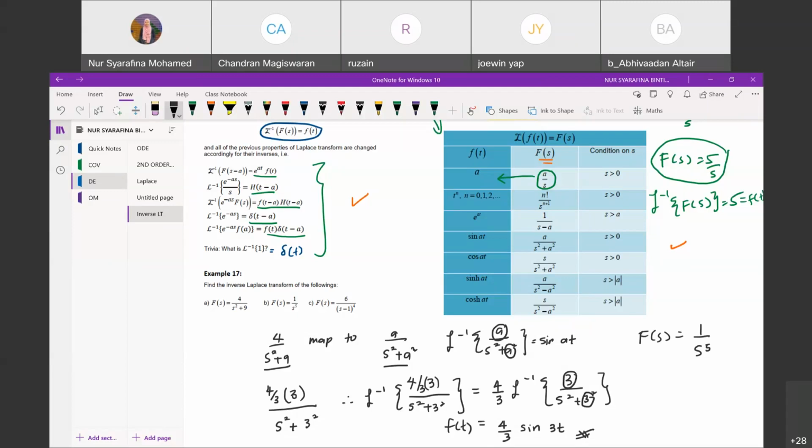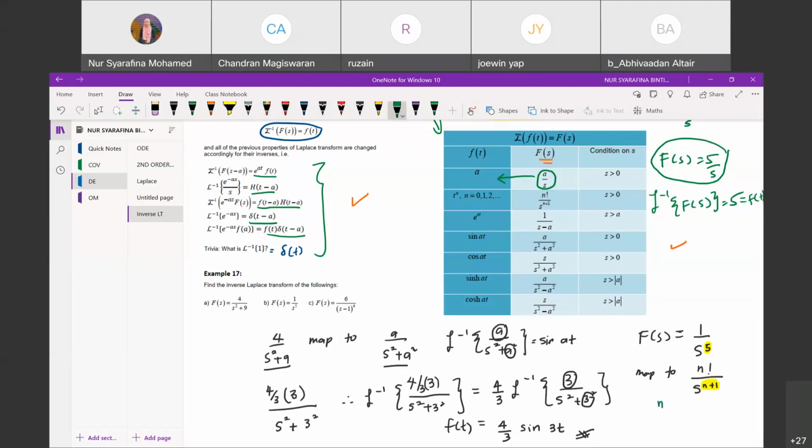So 1 over s to the power of 5 is matched to? t to the power of n. Yes, so this is mapped to n factorial over s^(n+1), where you can see here that n plus 1 is 5, right?